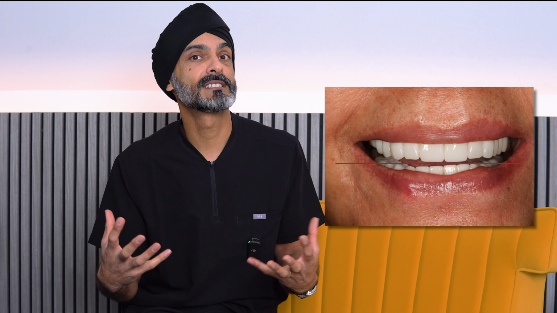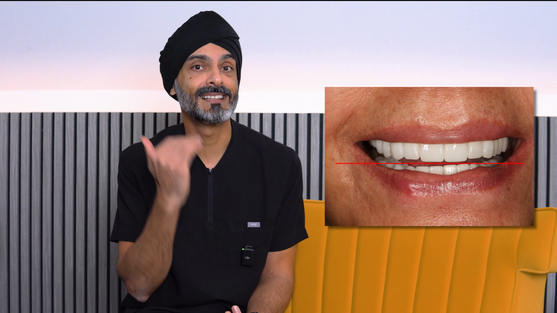If the patient would like something which rejuvenates them a little bit, then we can show more top tooth and a little bit less lower tooth. Ladies will typically show more upper tooth than men. So we just have to take all of this into account when we are designing our temporaries and getting down to the stage where we're creating this excellent end result.